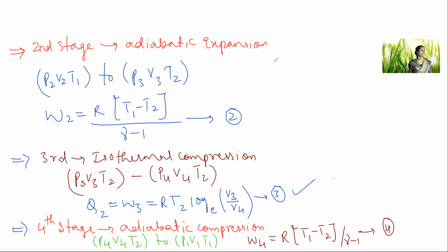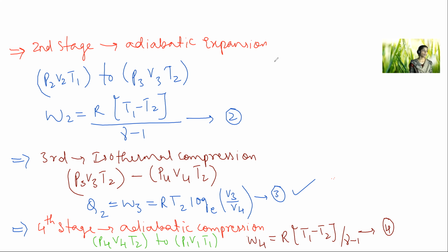Work done is given by W2 is equal to R in bracket T1 minus T2 divided by gamma minus 1. In the third stage, isothermal compression takes place in the region P3 to P4, V3 to V4, with temperature T2 remaining the same. So work W3 is equal to R T2 log of V3 by V4.